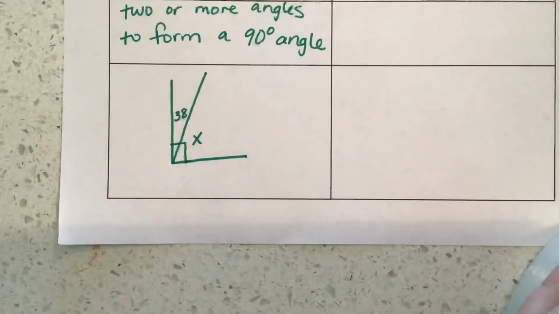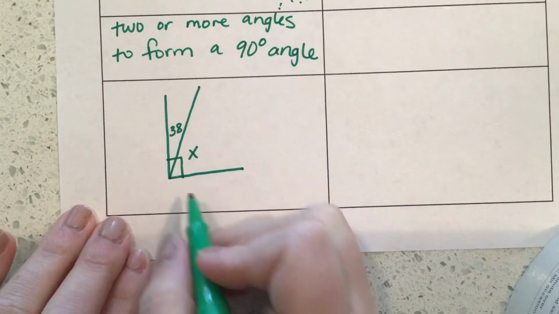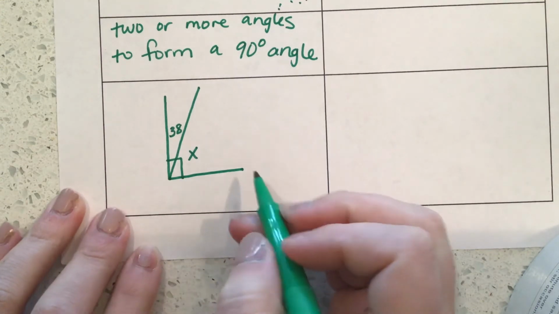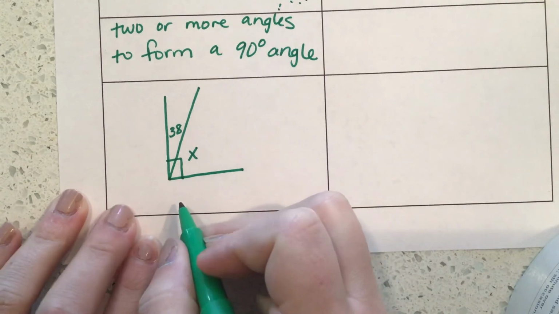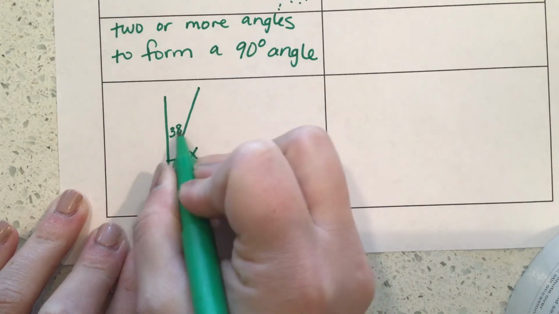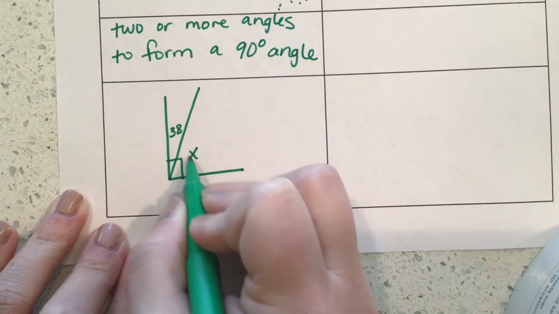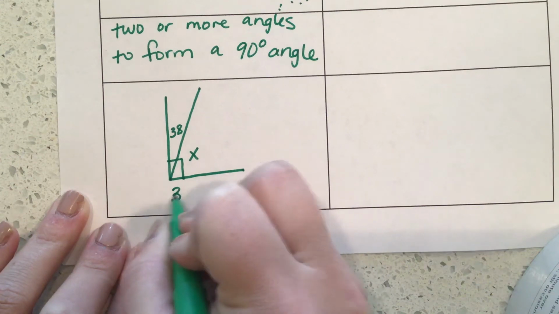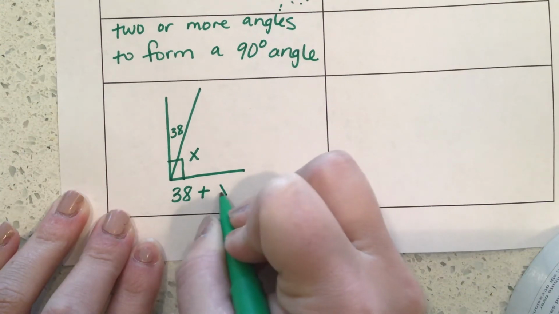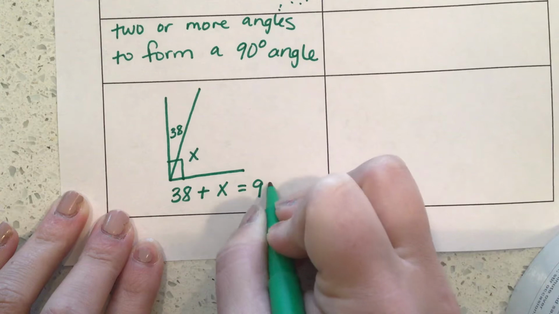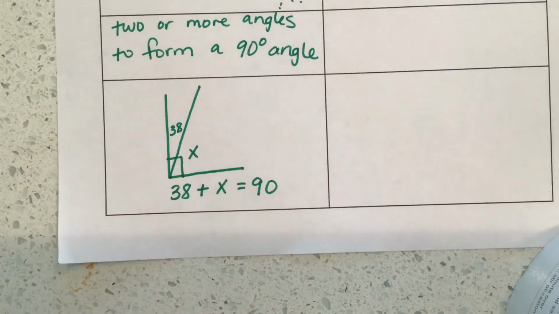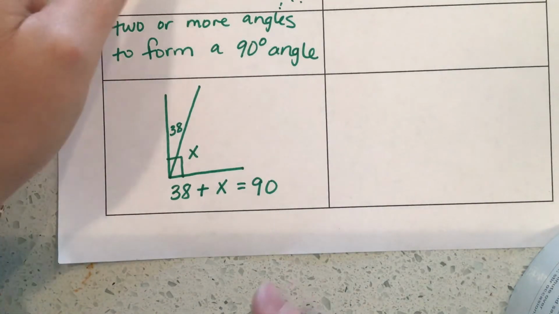Okay, so on the assignment that you're going to be doing in just a little bit, you're going to have to write an equation. And to write the equation, we need to add these two together because this angle plus this angle makes the full 90. So 38 plus x equals 90 degrees. Now this looks like the one-step equations that we did last week.